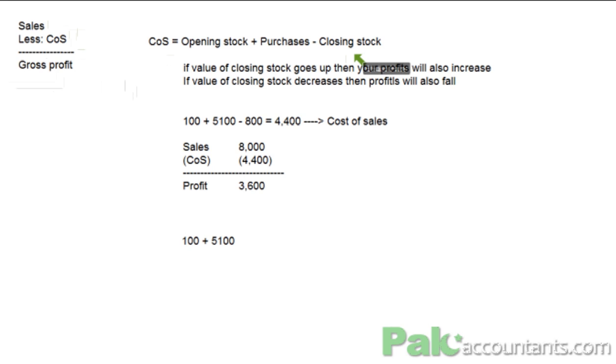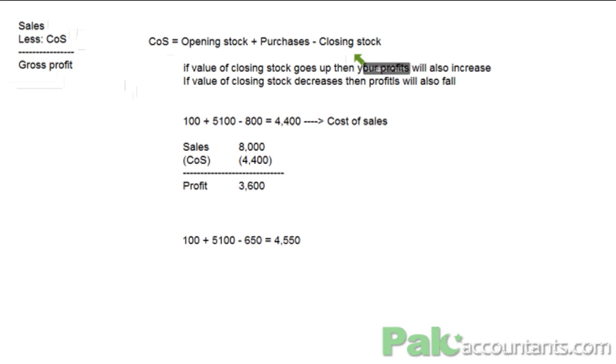All the other things are the same, opening stock and purchases are unchanged, but closing stock has reduced to 650 instead of 800. There is a decrease of 150 in closing stock, and because of this your cost of sales is going to jump up by 150. So your new cost of sales is 4,550.